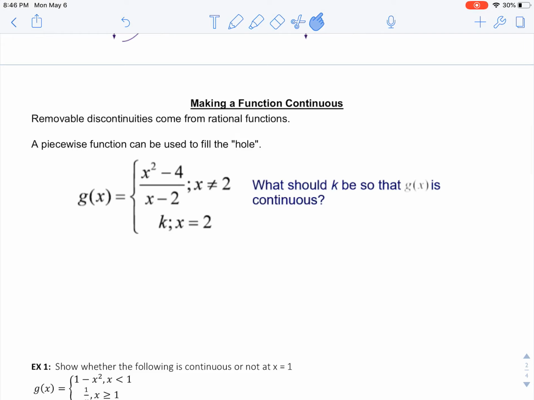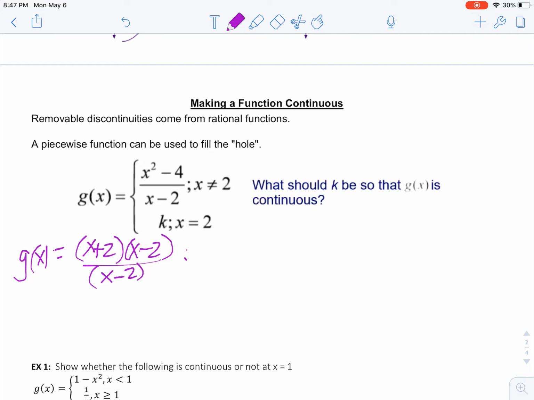Okay, so we could make a function continuous. Removable discontinuities come from rational functions. A piecewise function can be used to fill the hole. So let's say you have a function that's rational, so it's a fraction. If you factor, so if we look at this, g of x equals x plus 2 times x minus 2 over x minus 2 when x doesn't equal 2.